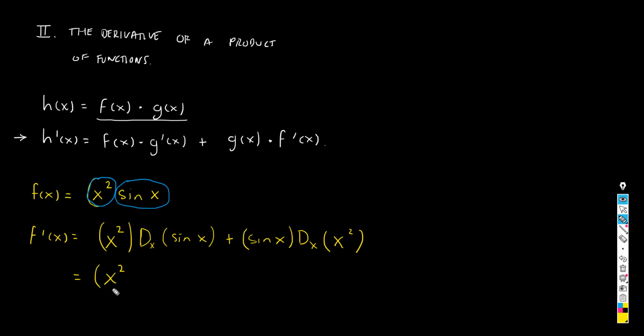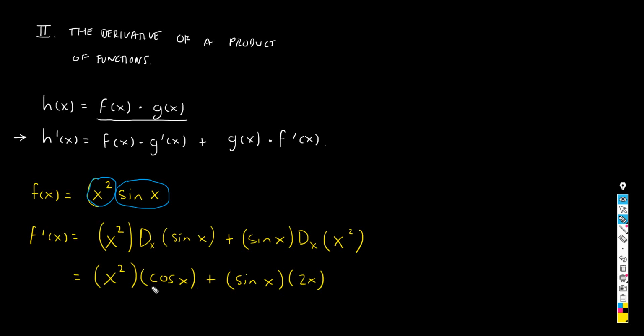So let's continue. x squared times the derivative of this, which is going to be cosine of x, according to the formulas that I gave you yesterday, plus sine of x times the derivative of this function, which is 2x, as we know.